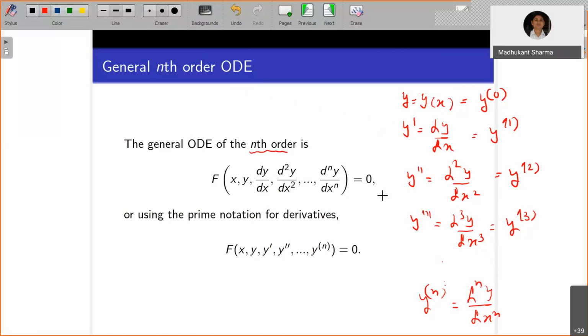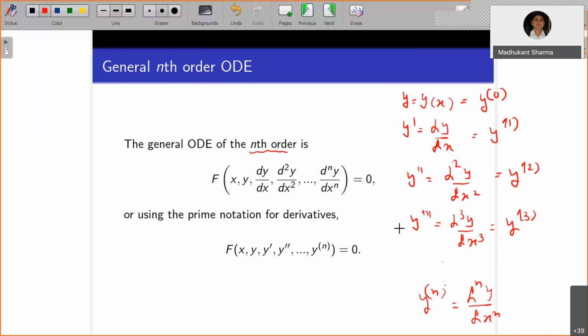Okay, if you take any linear combination of these, where linear combination means the coefficients could be a function of x or a constant, and put it equal to 0, that turns out to be an equation known as a differential equation.